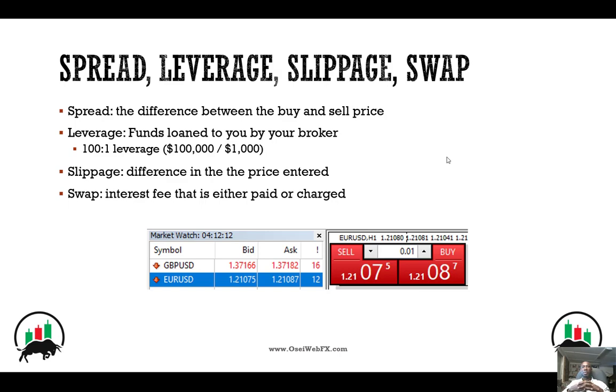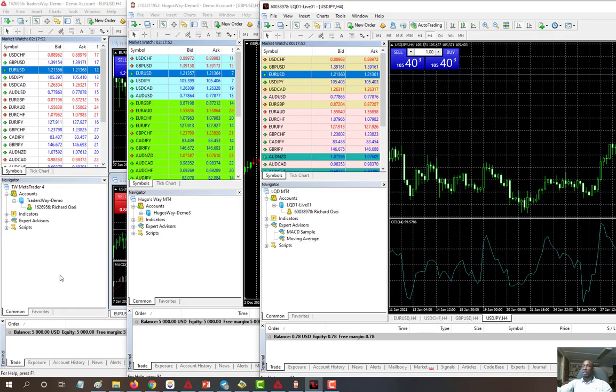Spread is the difference between buy and sell of a pair, and is different for each broker and account type. Spread can be influenced by many factors: the supply of asset, trading activity, and the total demand of interest in that particular asset. Let's take a look at spread on the platform. As you can see, I have 3 different platforms open from 3 different brokers, and you can see the difference between the bid and the ask, or the buy and sell.